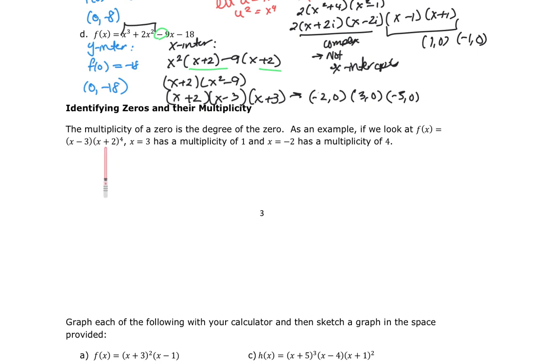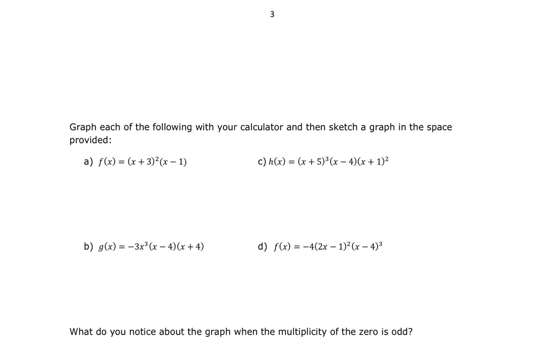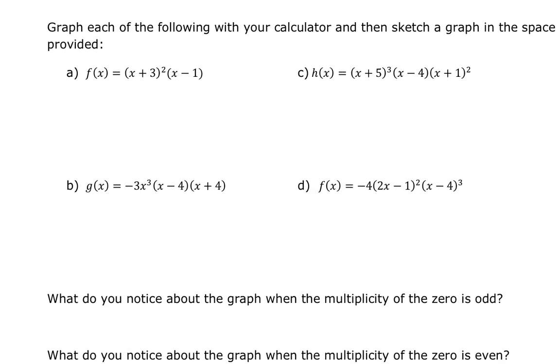And this produces x is equal to negative 2, and it has a multiplicity of 4. So the multiplicities of our factors will tell us the behavior of the graph at that 0 if that 0 is an x-intercept.